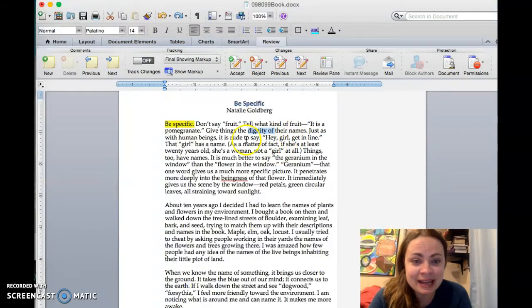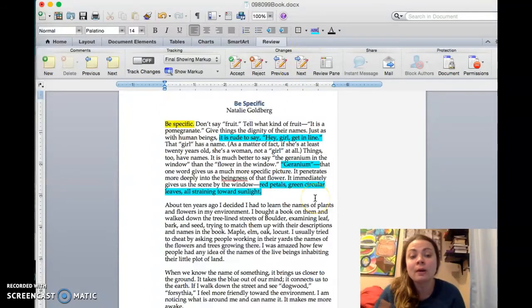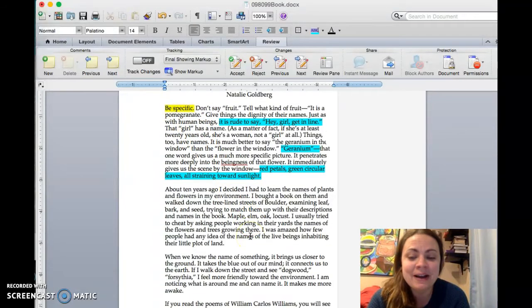Okay, so we're going to say, it is rude to say, "Hey girl, get in line." That's a specific supporting detail that she has. And then we've got geranium, right? That illustrates her point. And then the red petals, green circular leaves, all straining towards sunlight. There's more, but those are some specific details that go with her overall point. Be specific. Okay, next paragraph.